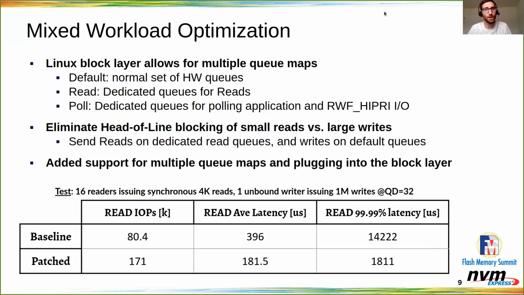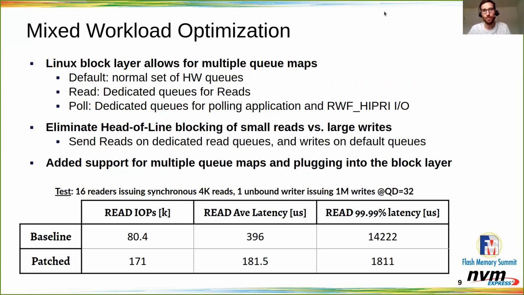separation of different queue maps that the Linux block layer allows today, that can basically define that different I/O types can use different queues. So we have three different queue maps in Linux. One of them is the default. Basically, it will host the default set of queues. Usually, if only the default queue map is defined, then all IOs will use that queue map.